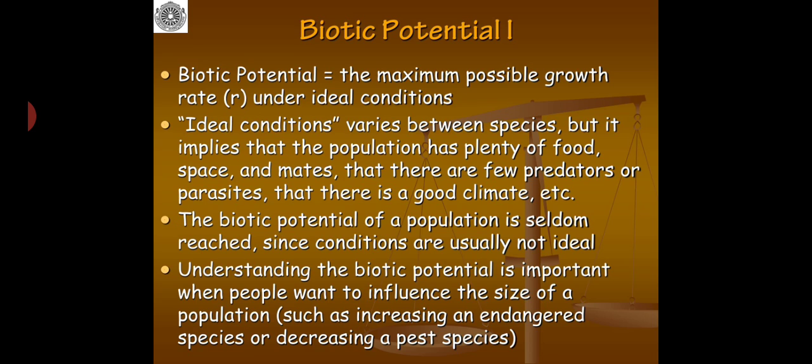Biotic potential is equal to the maximum possible growth rate under ideal conditions. What are ideal conditions? Ideal conditions vary between species, but it implies that the population has plenty of food, space, and mates, that there are few predators or parasites, that there is a good climate, etc. The biotic potential of a population is rarely reached, since conditions are usually not ideal.